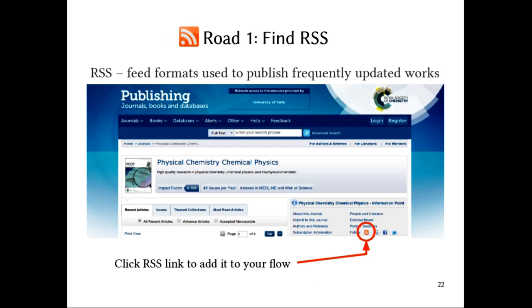It looks like this. You go to some web page, for instance here it's the Royal Society of Chemistry. You find your journal, Physical Chemistry Chemical Physics, it's not the same. And then you will find this orange button. Click on it and it will suggest you to add this specific journal to your RSS feed.